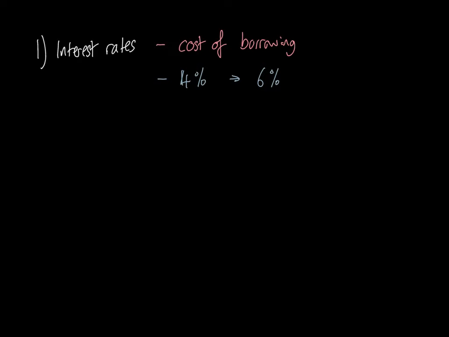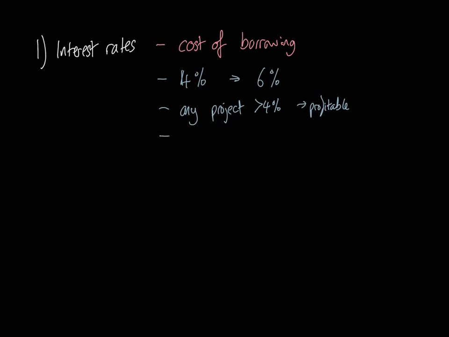What does that mean for firms who want to invest? Previously, any investment project that was going to generate a return of more than 4% would have been profitable. So long as the project generated more than 4%, say a 5% annual return, it would have been profitable, because it would have paid all of the interest and allowed a little bit of profit for the business.